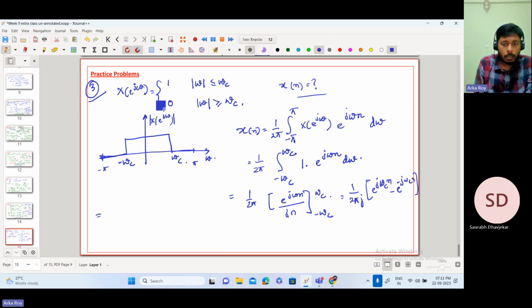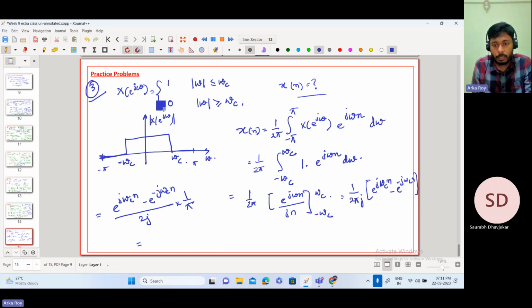Now, if I write e to the power jωcn minus e to the power minus jωcn divided by 2j, I'm taking this 2j inside, and let me just write pi outside. And over here, I just missed this n. So it will be ωc, and over here it will be minus ωc.